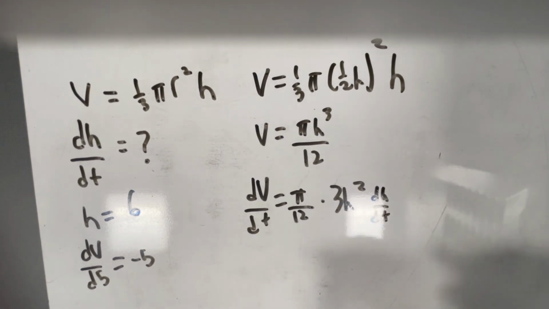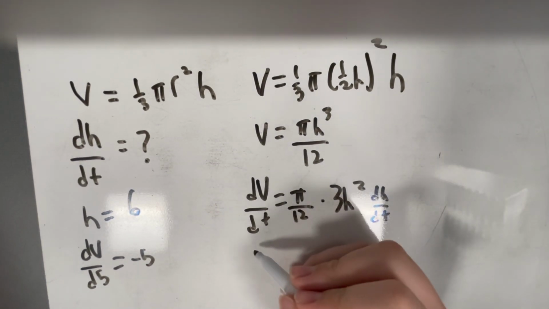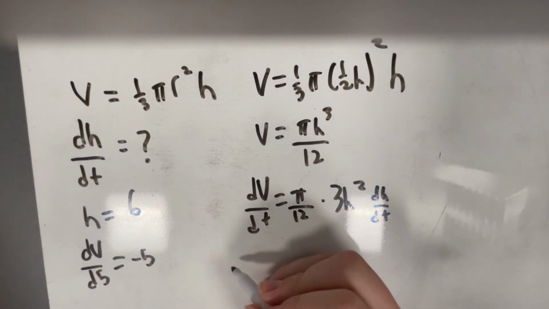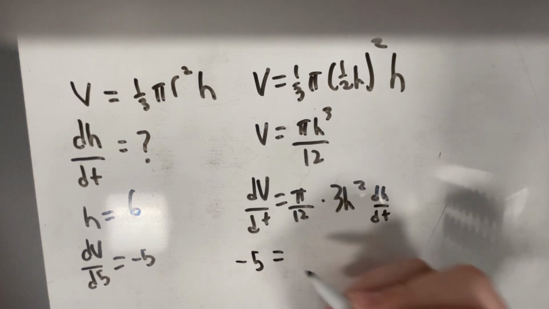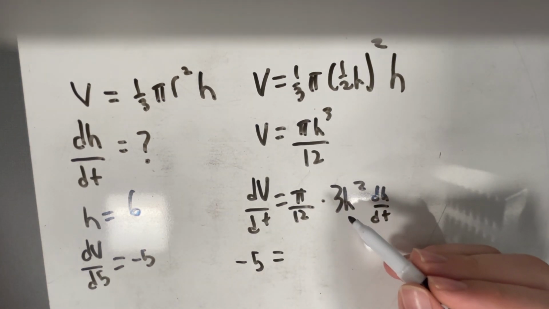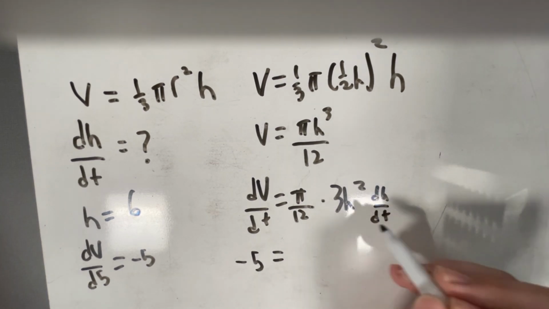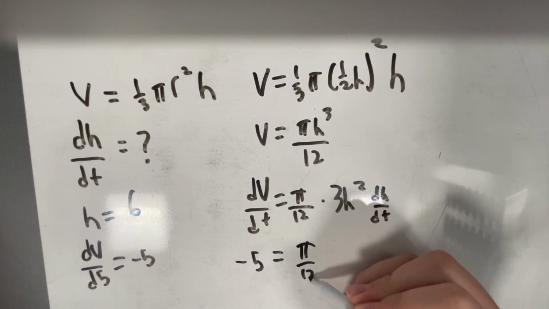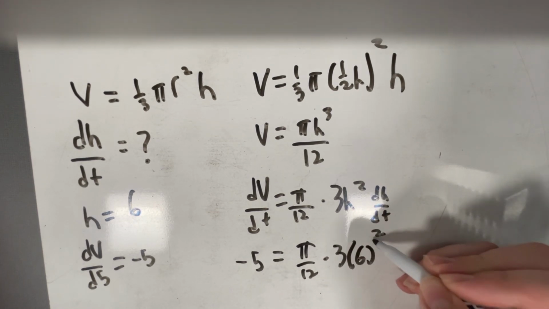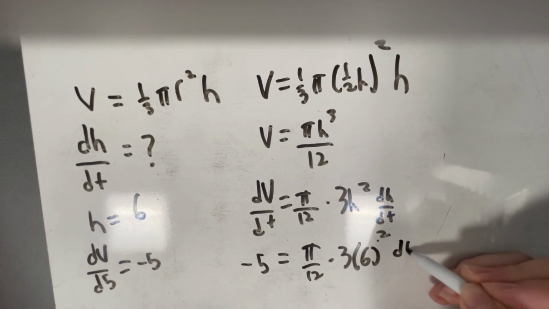Now we can start substituting in numbers. We love substituting in numbers. We know that dV dt is going to equal -5. Then we substitute in 6 for our h, so you end up with pi over 12 times 3 times 6 squared dH dt.